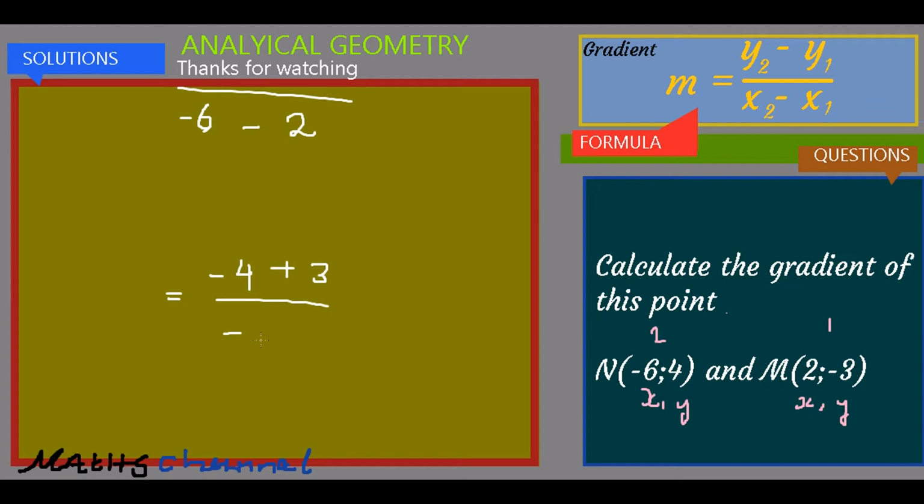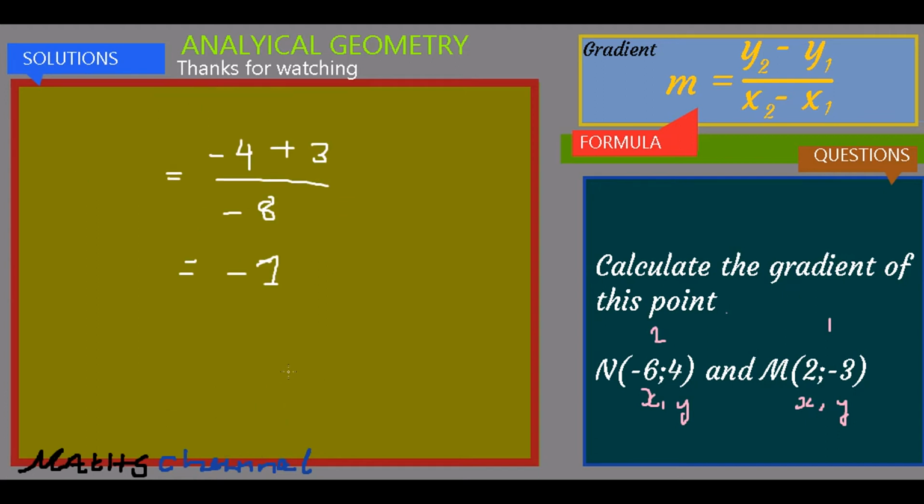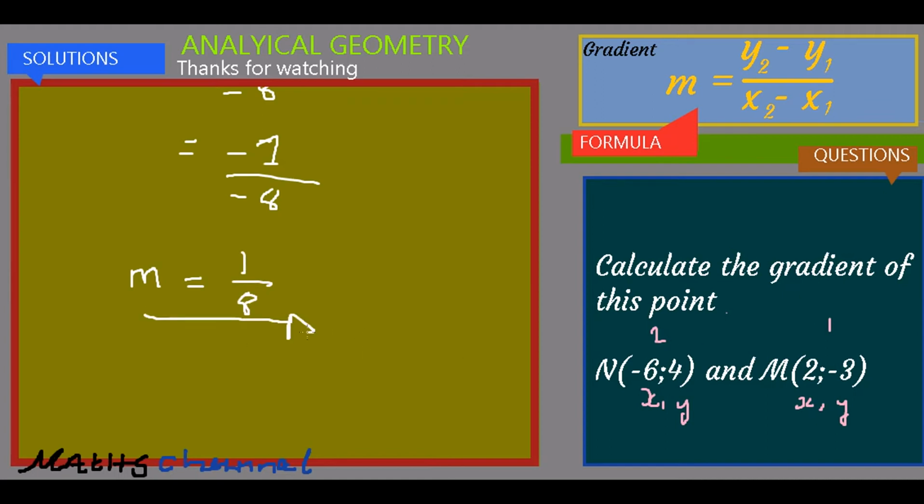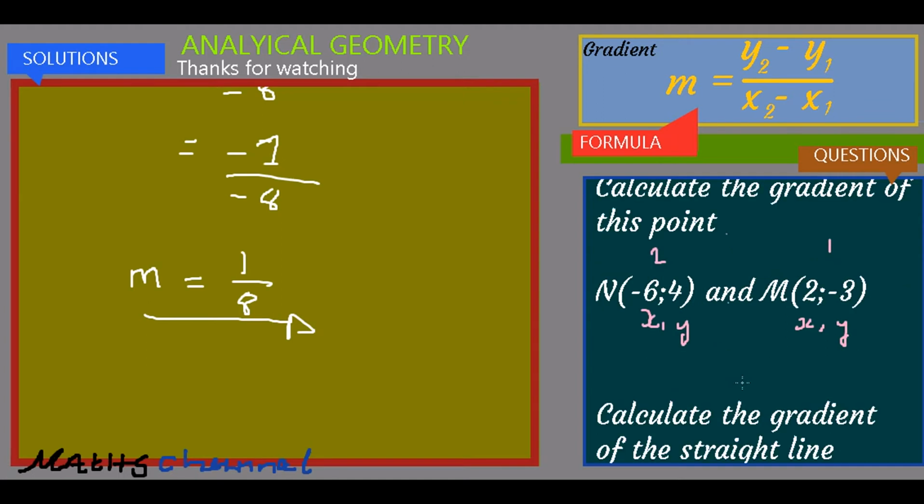Minus 6 minus 2, it's minus 8. It's 1. So the negative will cancel. We have 1 over 8 as a gradient. Let's check the next one.